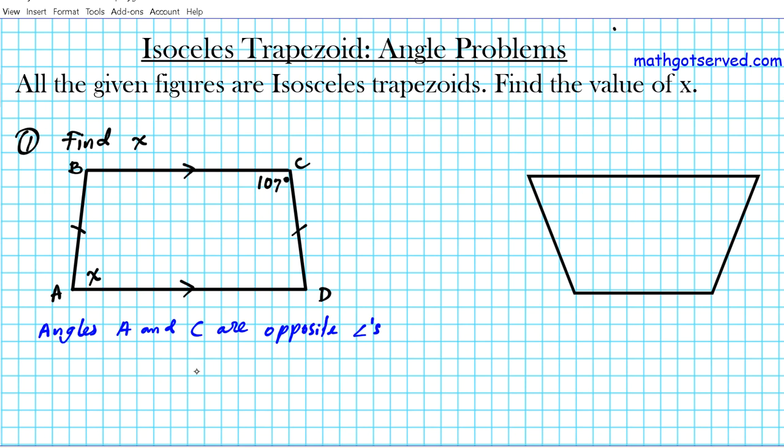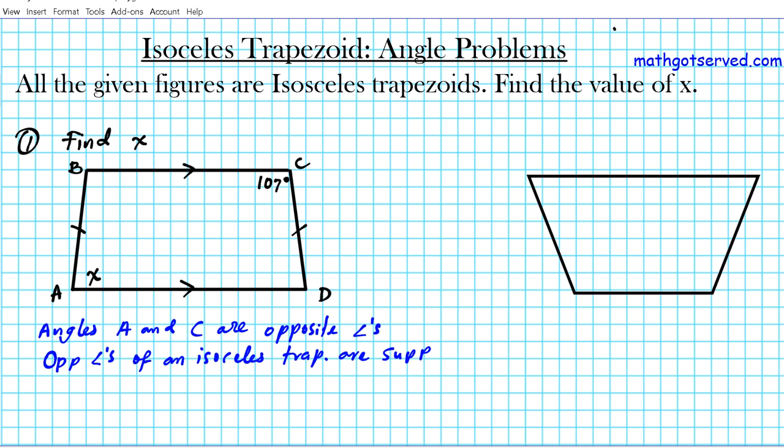Opposite angles of isosceles trapezoids are supplementary. Let's write that down. Opposite angles of an isosceles trapezoid are supplementary. What does that mean? They add up to 180.